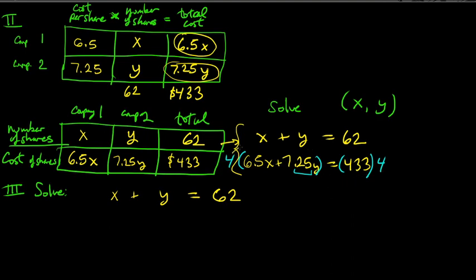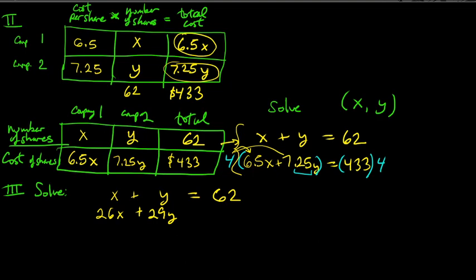Okay, so 4 times 6.5, I think, is 26. And then 4 times 7.25 is 29. Oops, so plus 29y. I'm just double checking there.